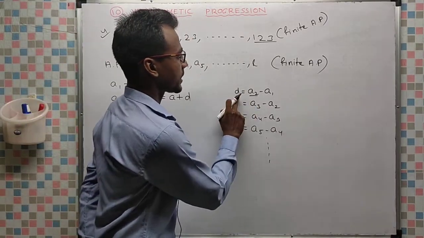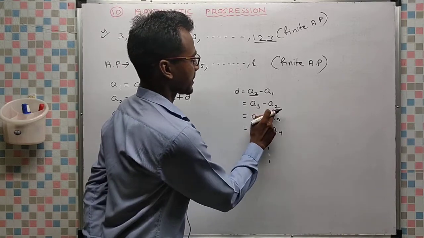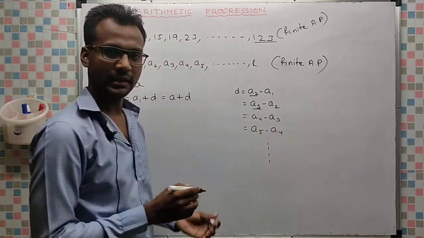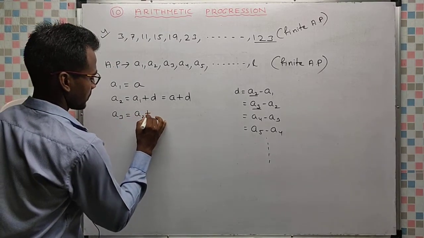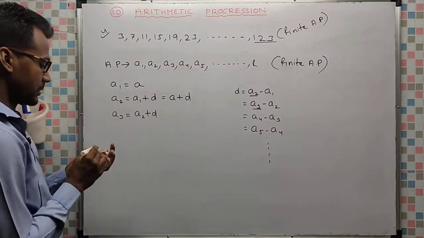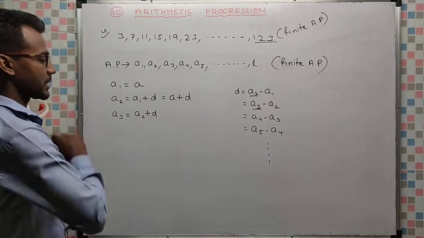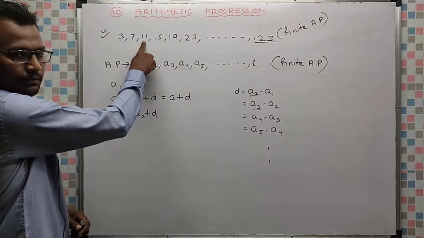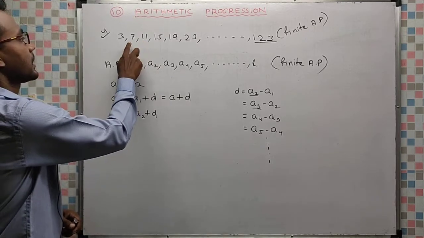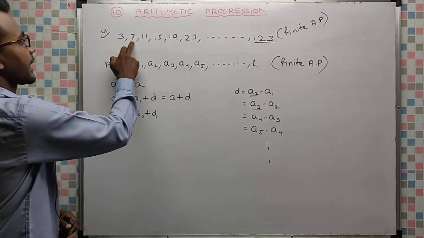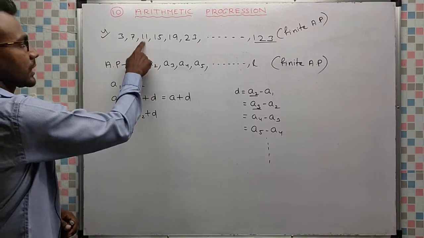Now let us move to A3. A3 minus A2 is d, so definitely A3 should be A2 plus d. For example, see, this is A2, this is A3. How to get 11? 7 plus 4, which means A2 plus d gives you A3.